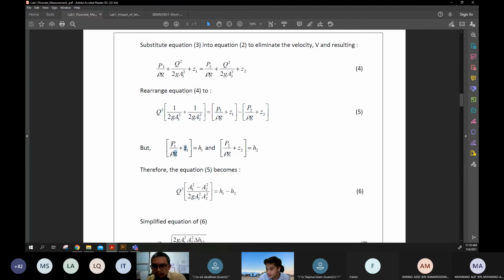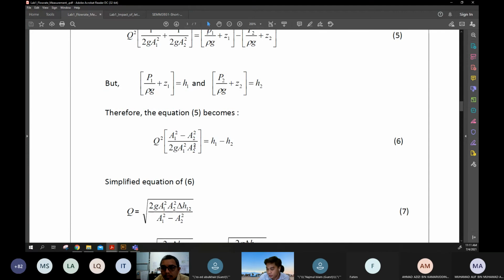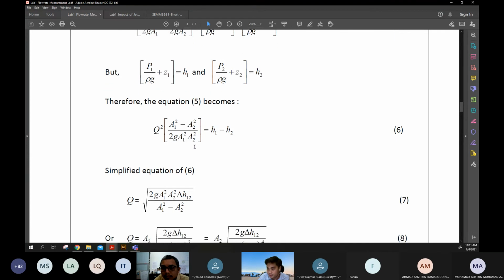Then we replace the second and third terms with H1 and H2. That is why equation 5 becomes this term equal to H1 minus H2, the elevation at point 1 minus point 2. Thus, from this equation, we simplify further to get the value of Q, which is our flow rate.